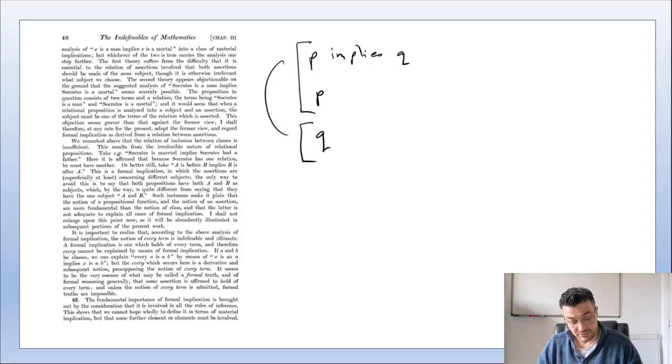Where a formal implication holds, we agree to regard it, wherever possible, as due to some relation between the assertions concerned. That's section 44. This theory raises many formidable logical problems and requires for its defence a thorough analysis of the constituents of propositions. To this task, we must now address ourselves. So that's the end of this chapter.